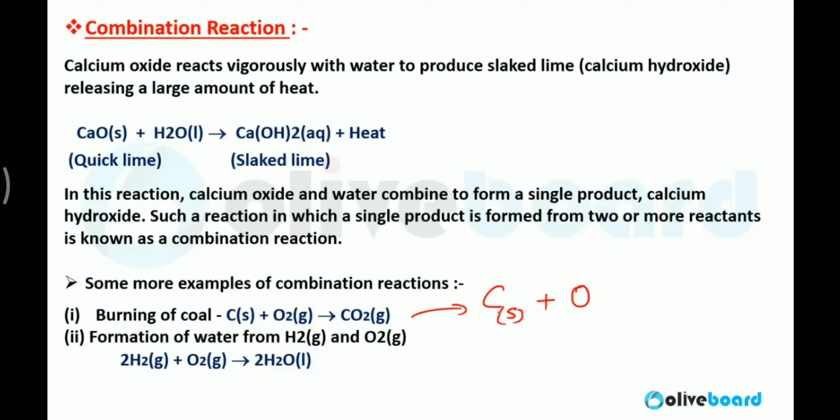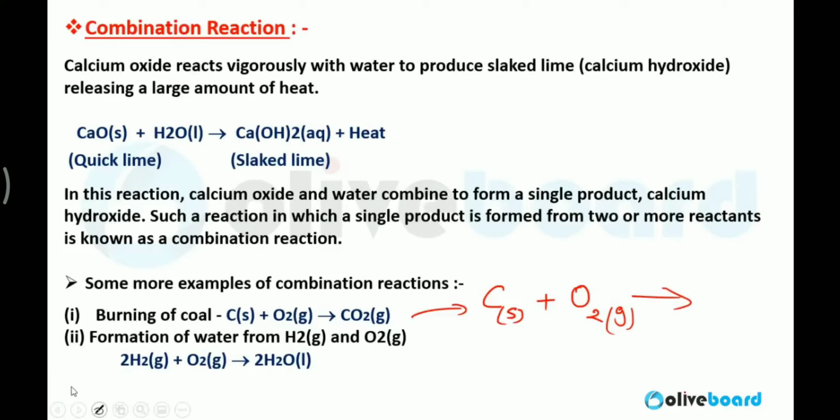So whenever in chemistry you see a reaction in which oxygen is there, we are burning something, or just adding oxygen to it. And whenever you see something written like burning of something, always fix in your mind that there is a reaction between oxygen and another substance, because oxygen is the necessary requirement of burning.